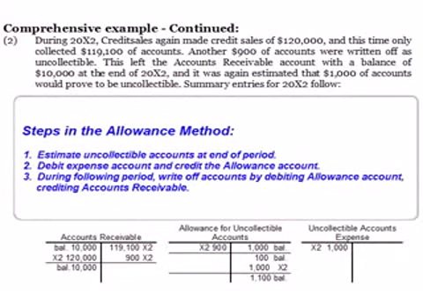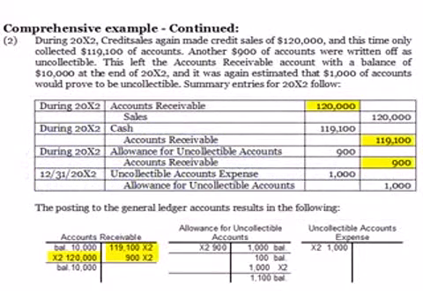This is a pretty simple process, but there is still another complication we have to deal with. Let's examine it now. Posting the sales and collections transactions to the ledger, along with the $900 write-off, gives us an ending balance of $10,000 again in accounts receivable. It's now December 31st, 20x2, and time to estimate our uncollectible accounts.